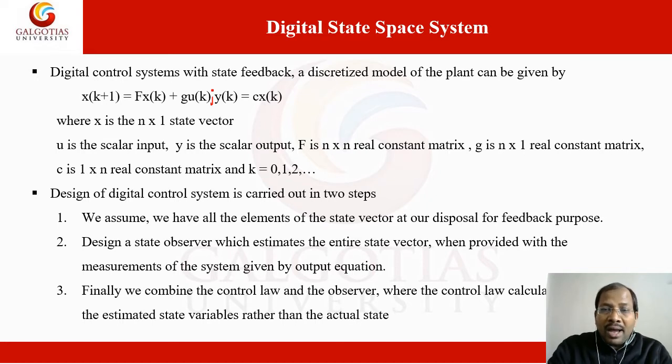Finally, we combine the control law and the observer. This combination we can call a state regulator. The observer estimates all the states of the plant, then the estimated states are applied to the controller, and the controller controls the plant in the desired way.